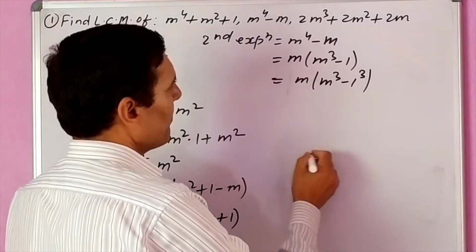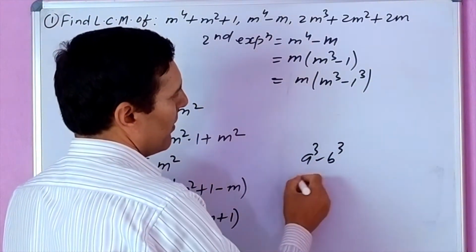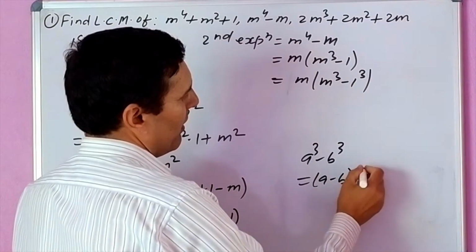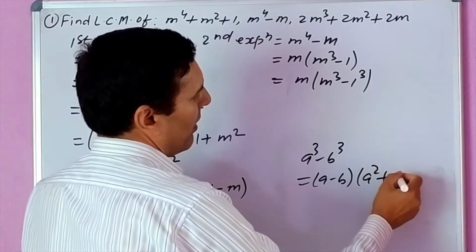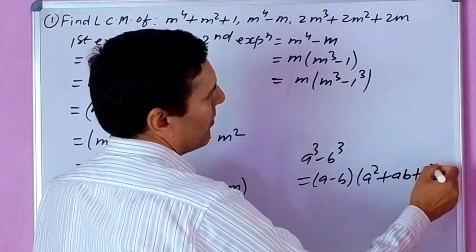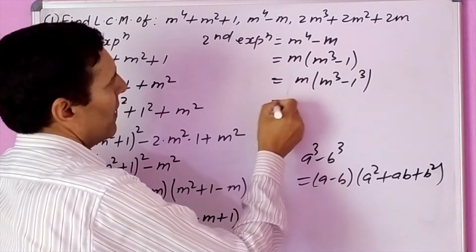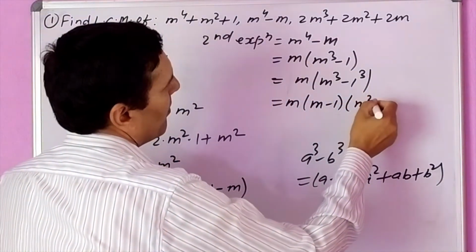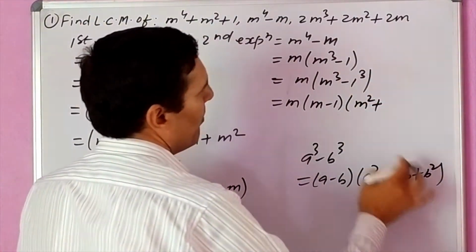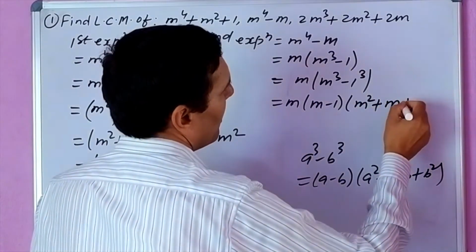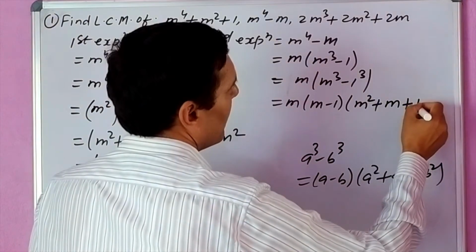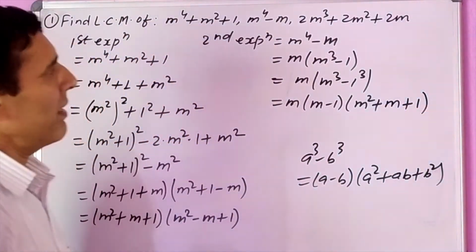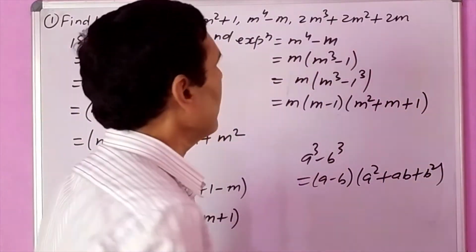What is the formula? a cube minus b cube is a minus b times a square plus ab plus b square. So it is m times m minus 1 times m square plus m into 1, which is m only, plus 1 square, which is 1. So these are the factors of the second expression.